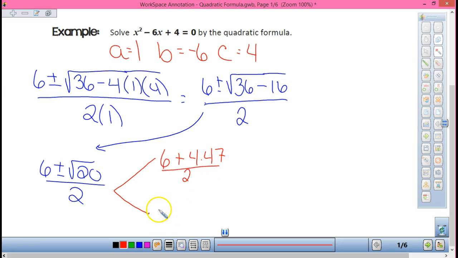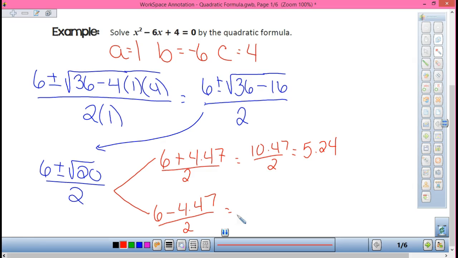And then you have to do the minus. So 6 minus 4.47 divided by 2. On top, 6 plus 4.47 is 10.47, divided by 2 gives us 5.24.